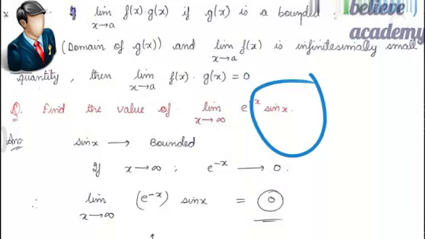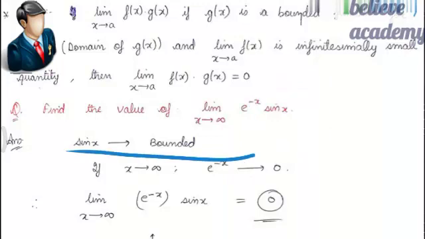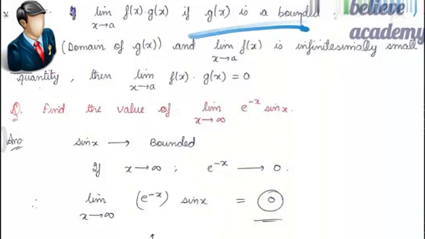So the thing to realize from here is that sin of x is a bounded function. You know, g of x is a bounded function, that is sin of x is a bounded function. Already dealt with the example here. If x tends to infinity, that is x is a very large number, you can clearly realize from here that e raised to power minus infinity would tend to 0.